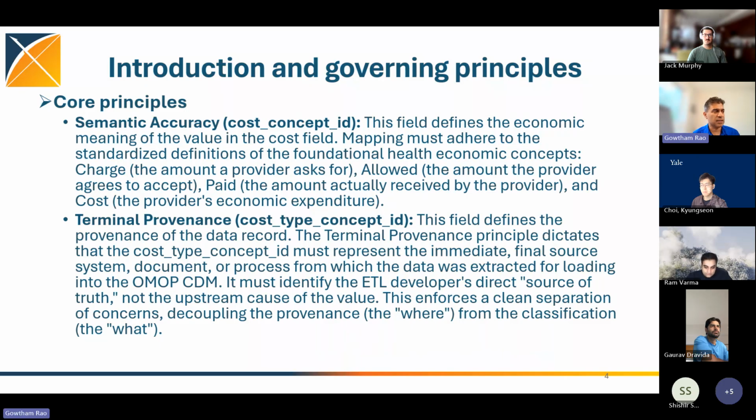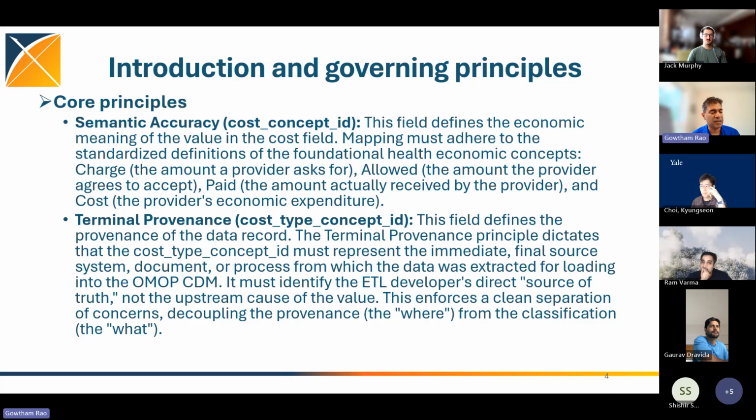Terminal provenance is the cost type concept ID. This defines the data record. Where did this data come from? It has a definition, and the definition that we have put in is the final system that is being converted to OMOP CDM.